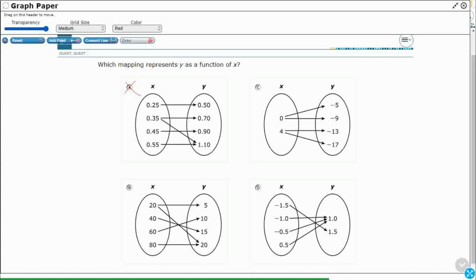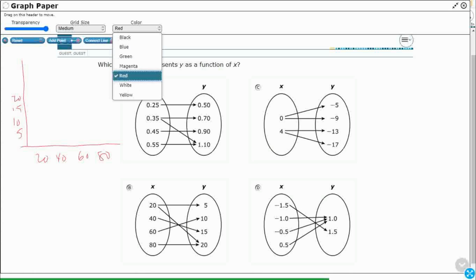So let's check B. And B, hopefully we are seeing that we've got some issues already. I'm going to just graph it like this, and let's say we've got 20, 40, 60, 80. And I'll just count by fives: 5, 10, 15, 20. Okay, so take a look at what we've got here. We've got 20.